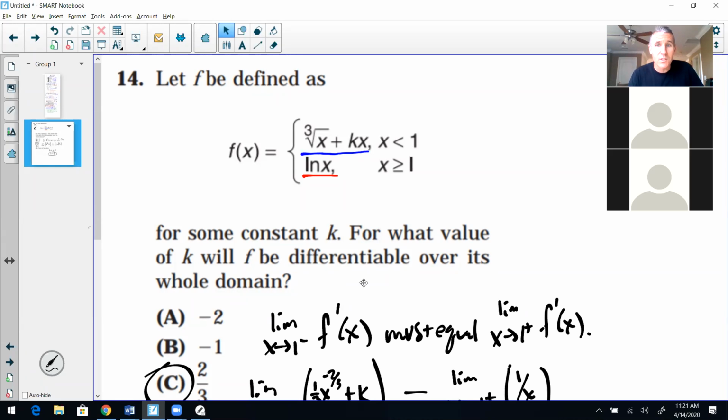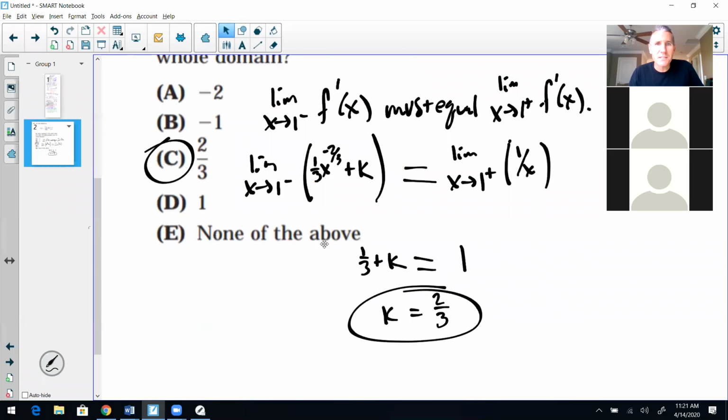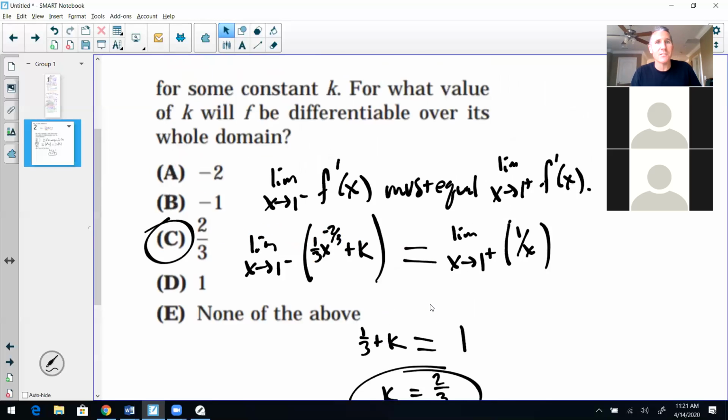Well, here, what we just found is that the only value of k that would make the derivative be the same from the left and from the right is when k is equal to 2/3. What I didn't do then was to verify that the function is continuous there, because that needs to be true.